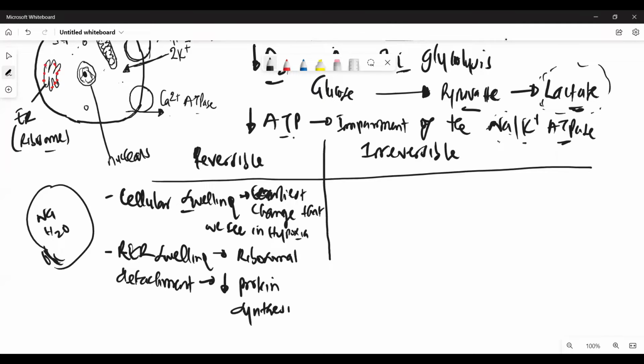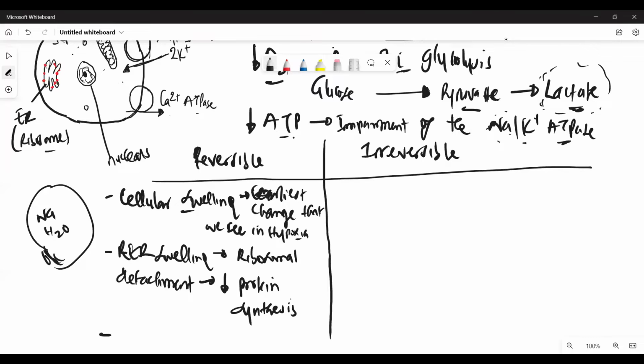And can somebody remind us what type of protein we normally produce from the ribosomes that are bound to the rough endoplasmic reticulum? Very good. Those proteins that we need to export out of the body, right? So those secretory proteins have to be decreased in production.